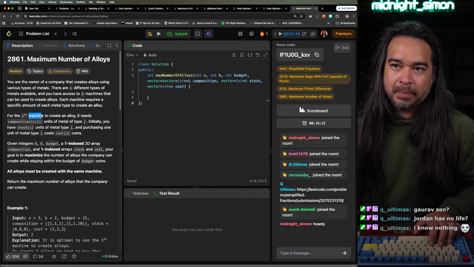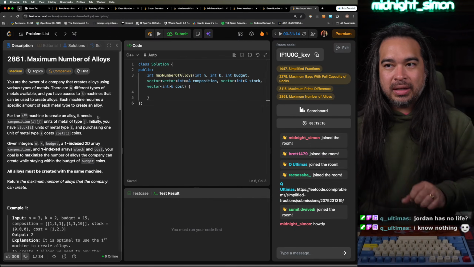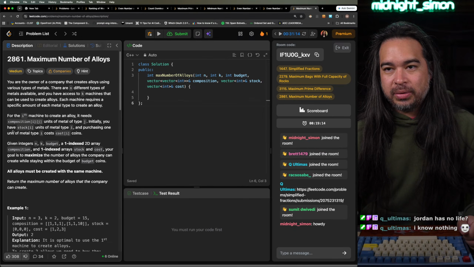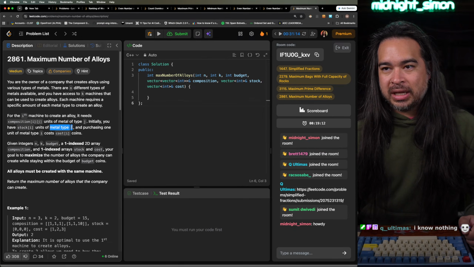For the ith machine to create an alloy, it needs composition[i][j] units of metal type j. Initially, you have stock[i] units of metal type i, and purchasing 1 unit of metal type i costs cost[i] coins.